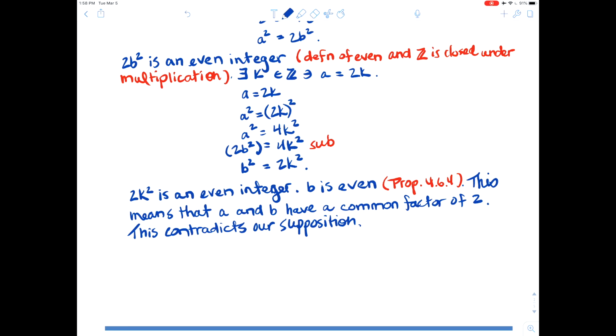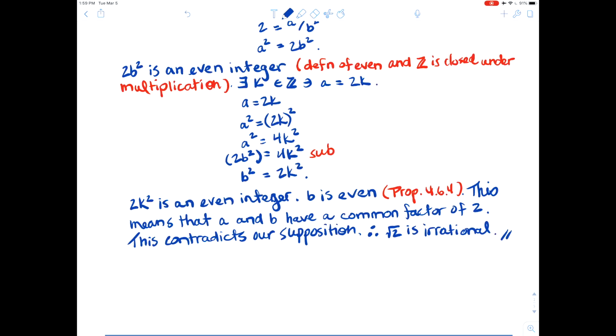So, therefore, the square root of 2 is irrational. Remember, with a proof by contradiction, once you get your contradiction after assuming the negation of the conclusion, not the premise, then you are done.